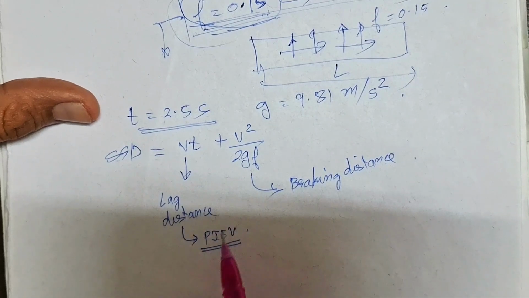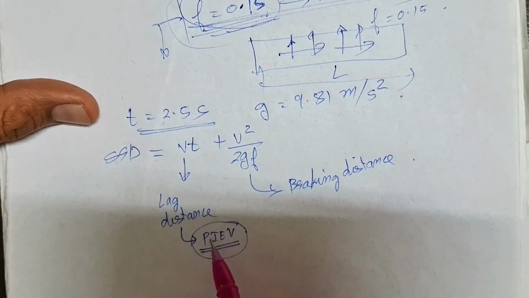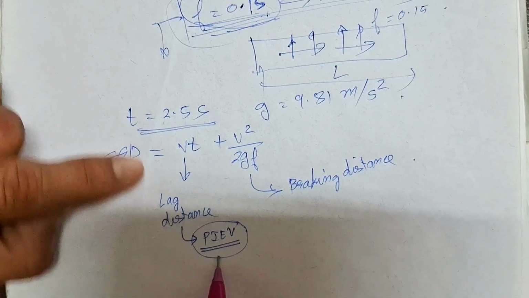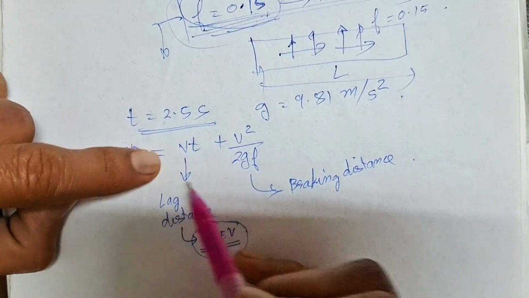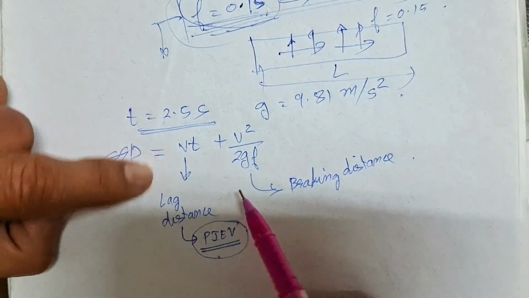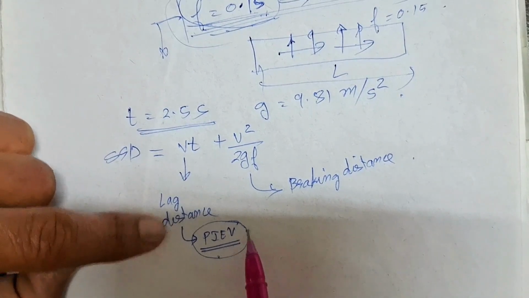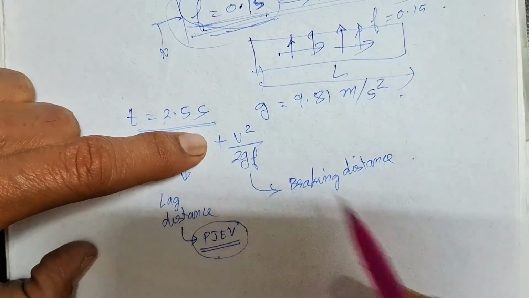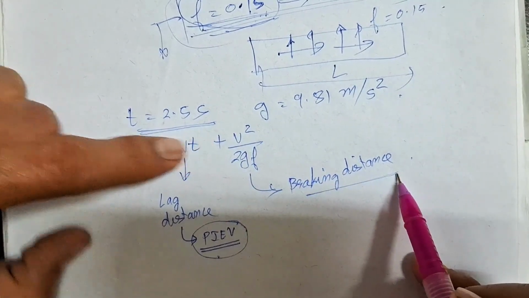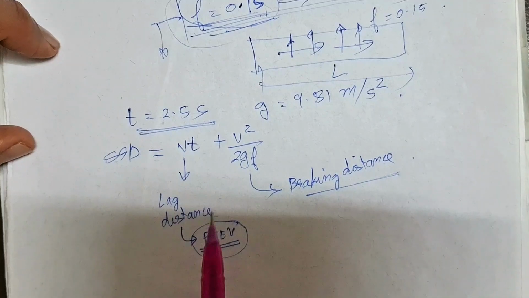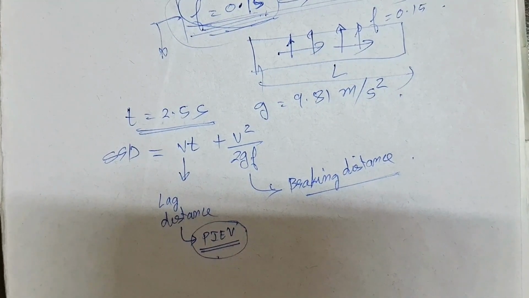Whatever time is lost in these activities happening in our brain, due to that time loss, the vehicle will be moving at its design speed. That distance covered by the vehicle is known as lag distance. Once we have realized that the brake should be applied, then after applying the brake, the vehicle will still be in movement. That is known as braking distance. So there are two components: Vt is lag distance and V square by 2gf is your braking distance.